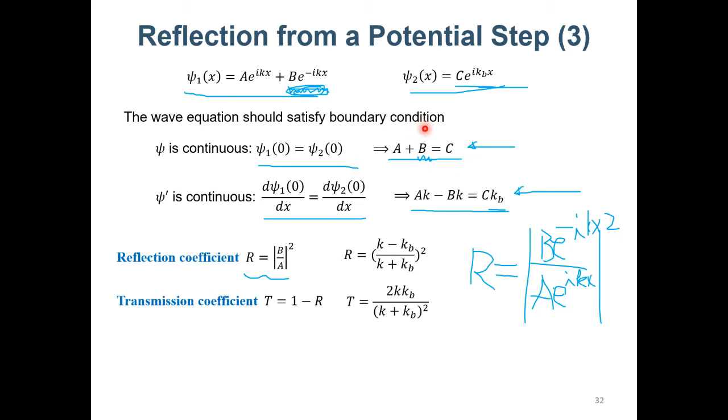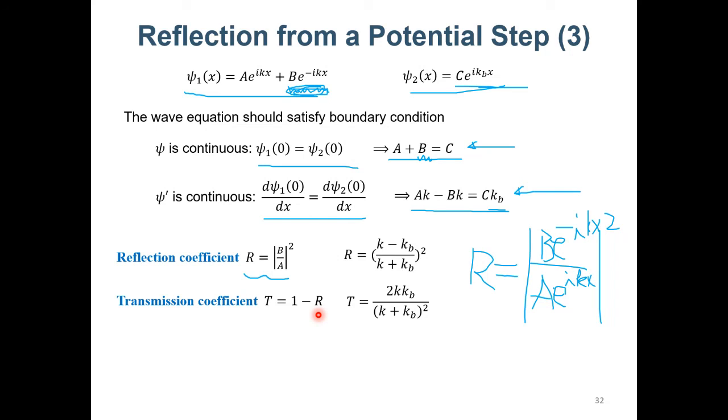So using these two equations, we can eliminate C, so that we'll find that R is something like this: k minus kb over k plus kb, all squared. So this is the reflection coefficient defined here. And similarly, the transmission coefficient is nothing but T equals 1 minus R, because the total probability is 1.